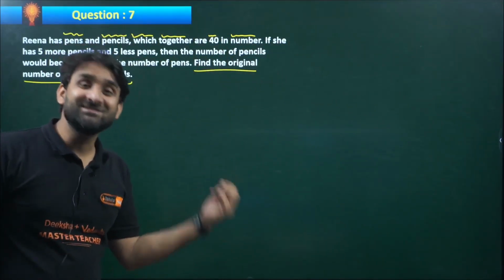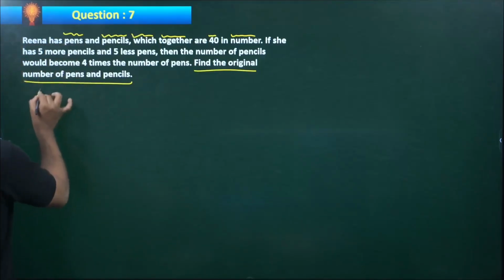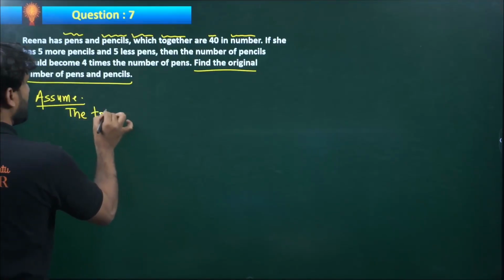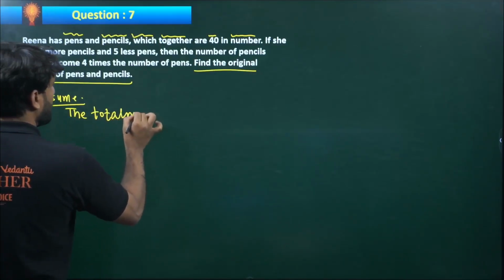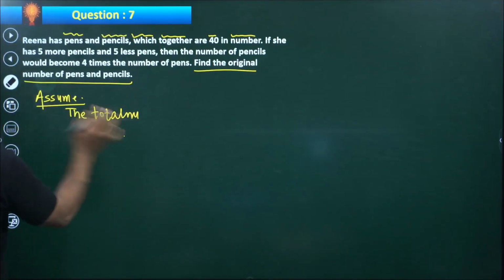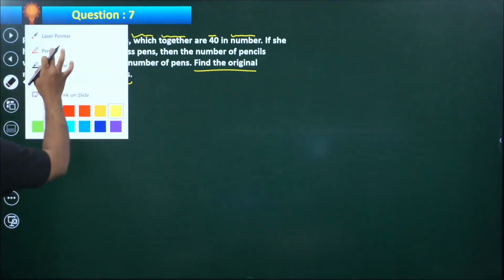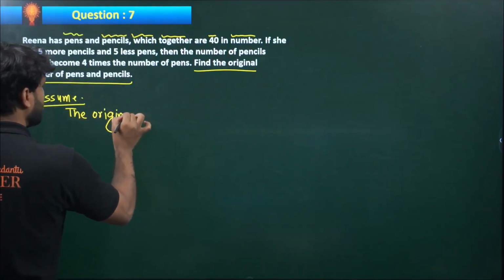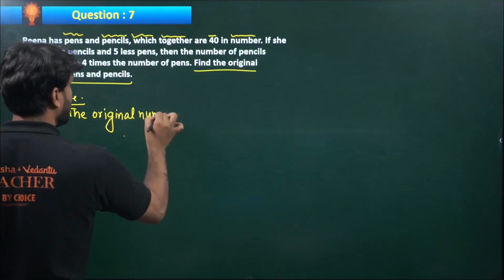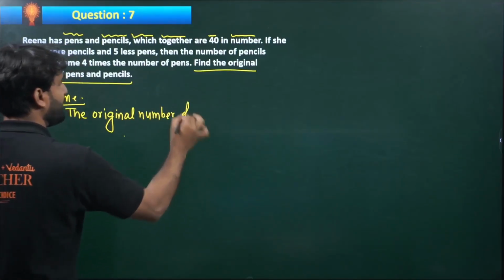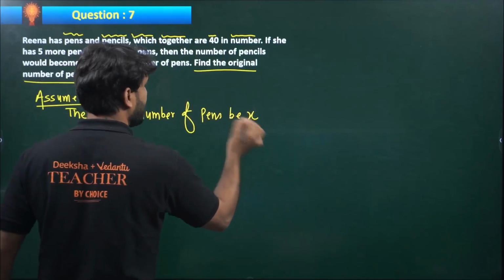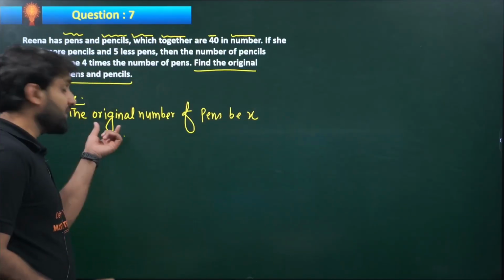Assume that. So let's assume the original number of pens be x. We don't need to write any unit because we are talking about number.